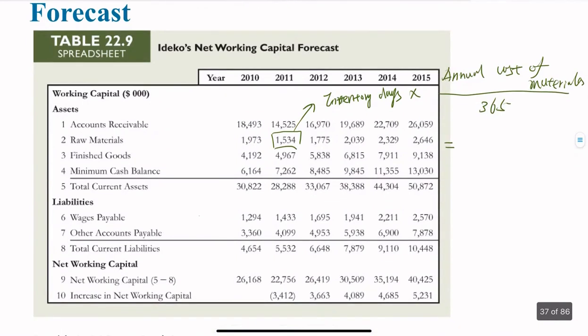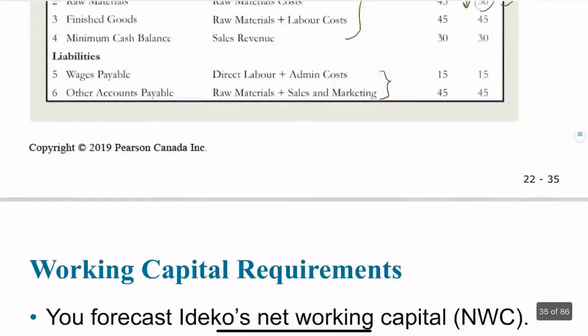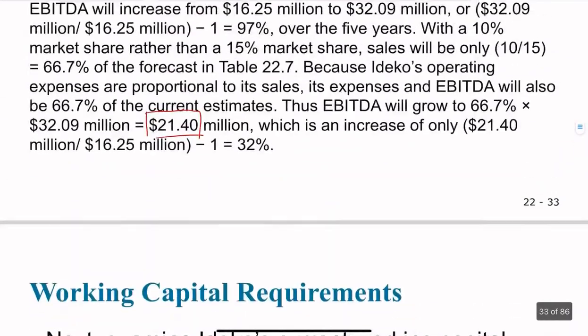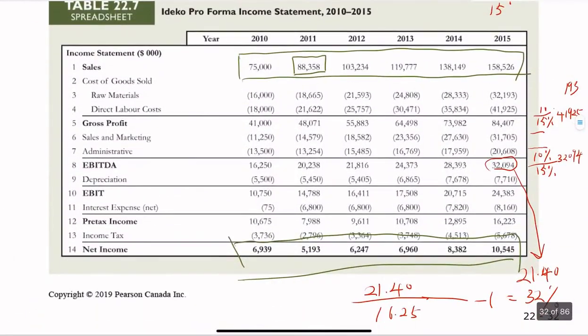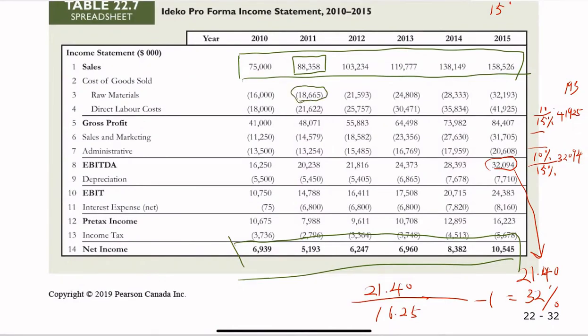Okay, so we have 30 times the annual cost of raw materials, and we will still have to look at the pro forma income statement. So we have 18.665.